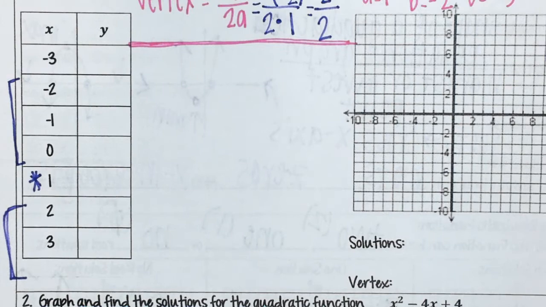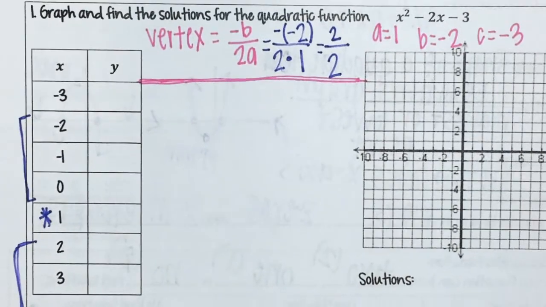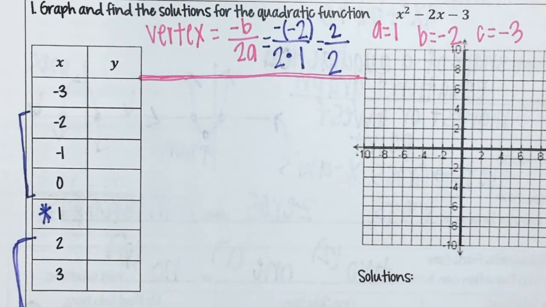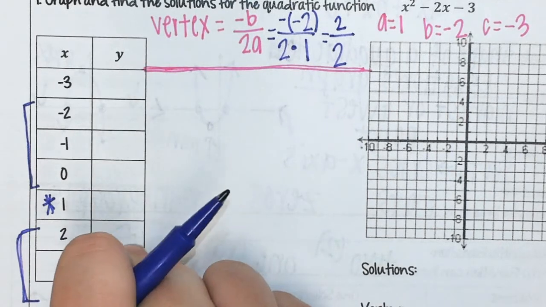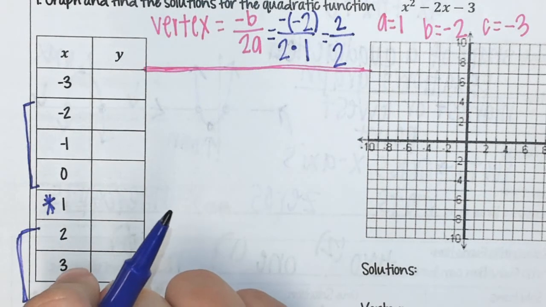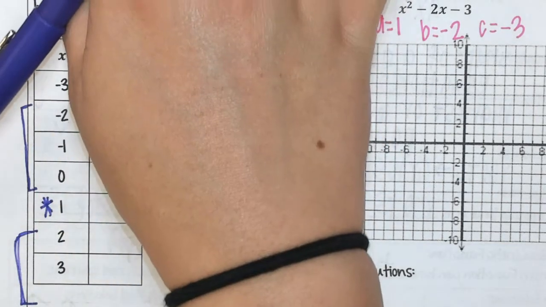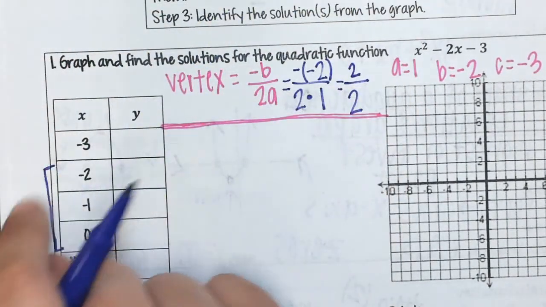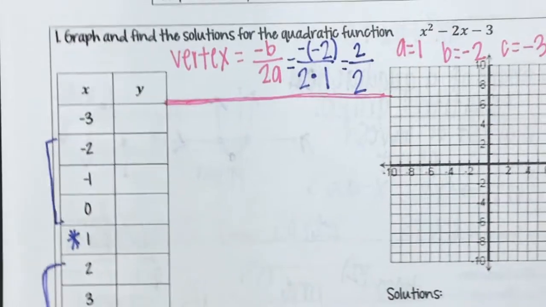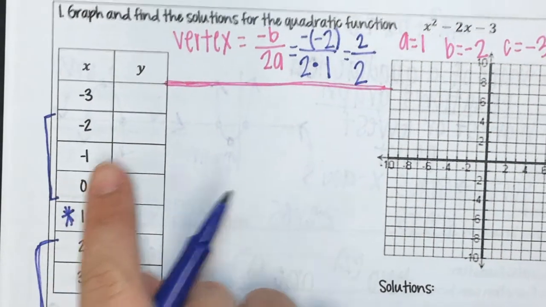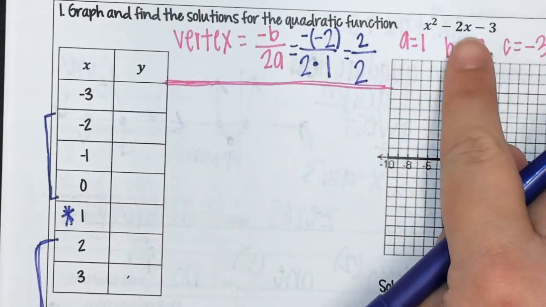Alright, so now we know all of our x's, we know where to start, but we need to find the y's. Any guesses on how to find these y's? Not y equals mx plus b. You have to plug all of these x's into the spot of the x right here.